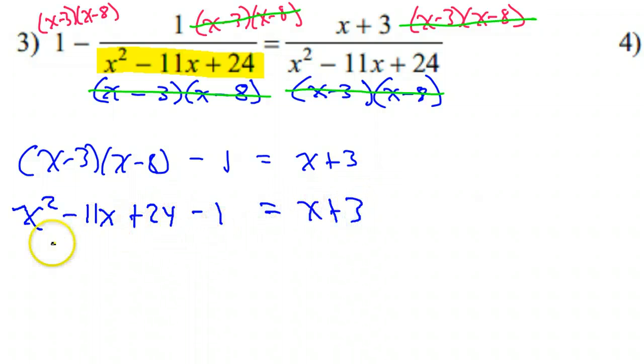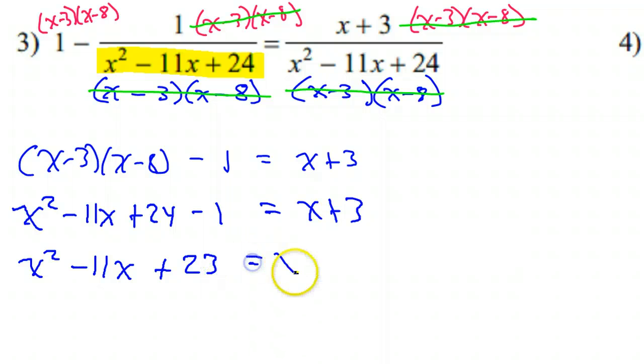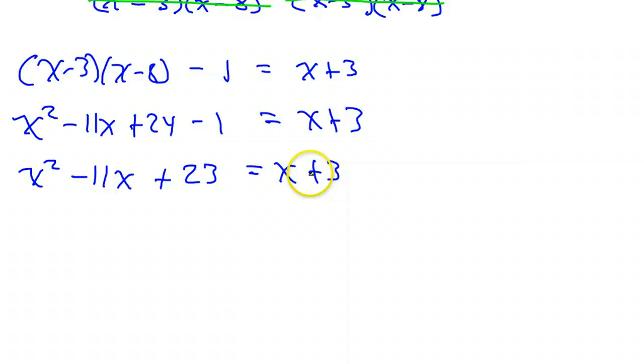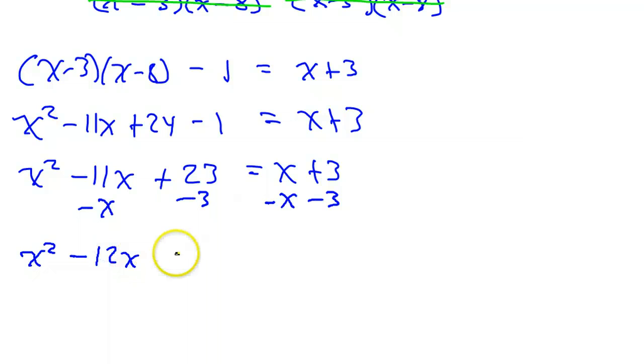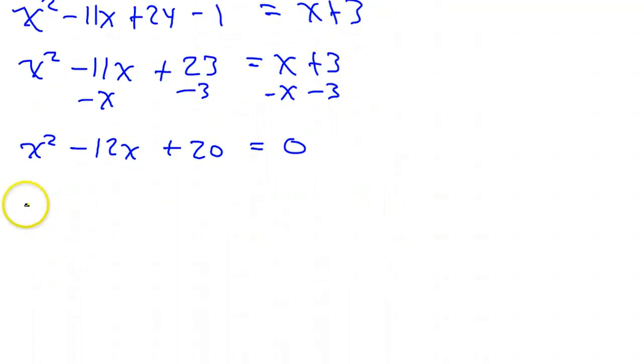We've got some like terms right here, so that'll be x squared minus 11x plus 23 is equal to x plus 3. Let's get 0 on one side, so I'm going to subtract x from both sides and subtract 3 from both sides. So that'll give me x squared minus 12x plus 20 is equal to 0.